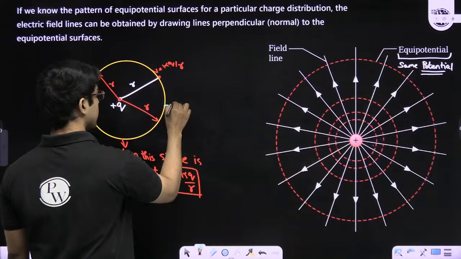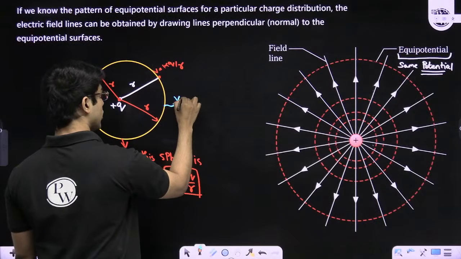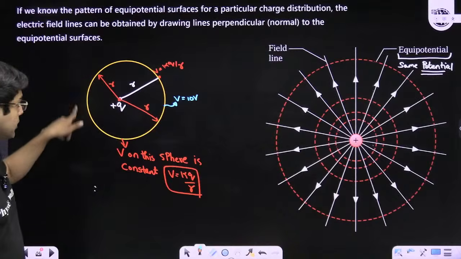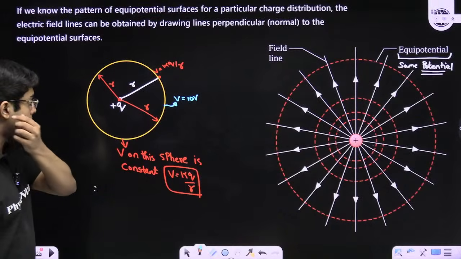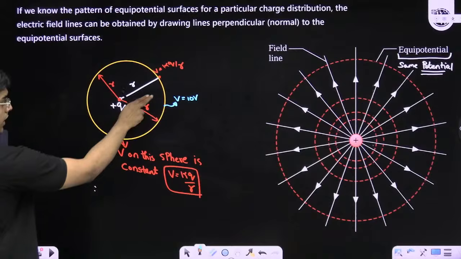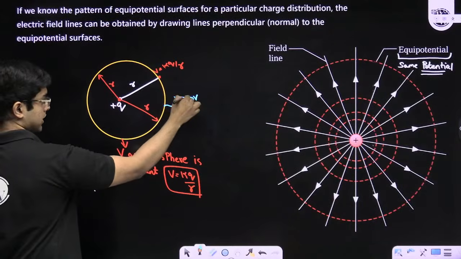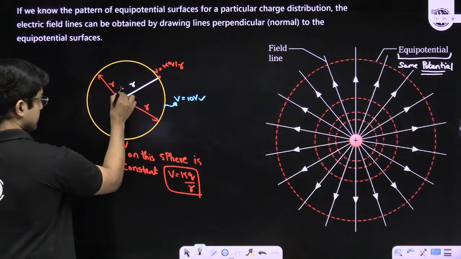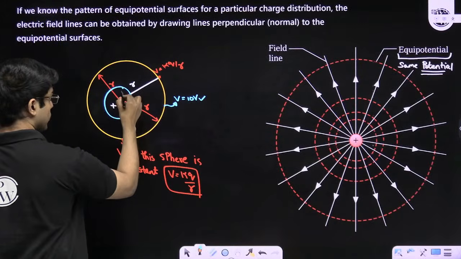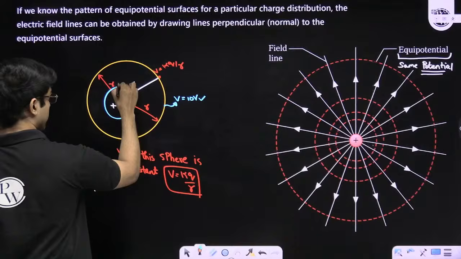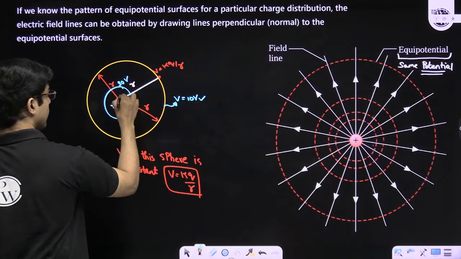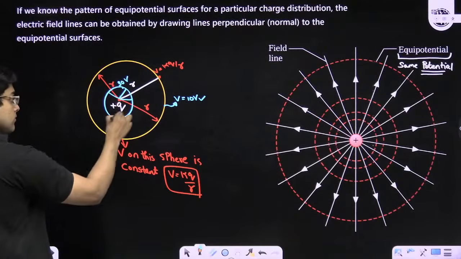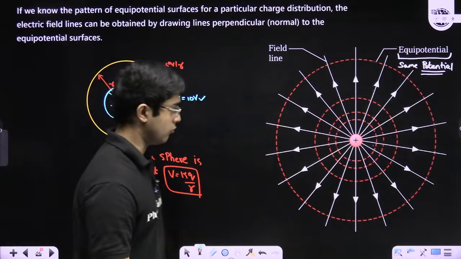Let's take a random value. Let's say V equal to 10 volt. If the potential of this sphere at this R location is 10 volt, then that means everywhere on the sphere the potential is 10 volt. Now, if you choose a different sphere at some R2 distance away, this will be at some different potential, let's say 30 volt. But this will also be an equipotential surface because everywhere the potential will be 30 volt.